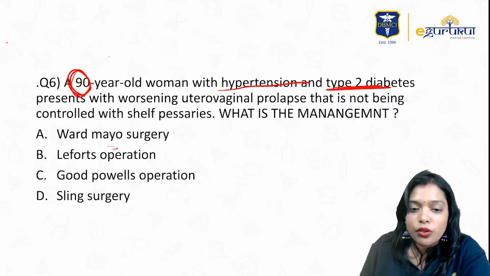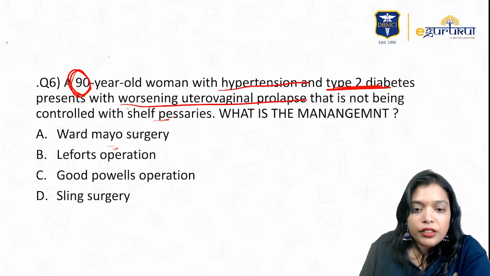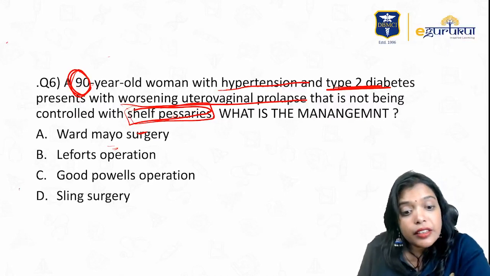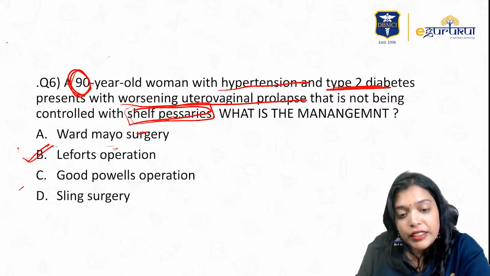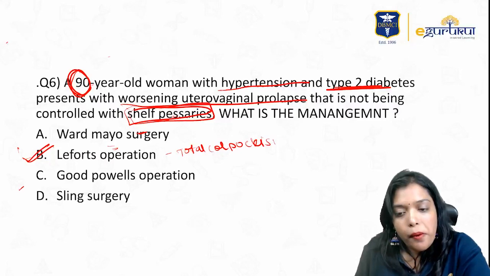So as she has worsening uterovaginal prolapse and this is not being controlled with the shelf pessaries, what is the management which you will do? It is Le Fort's colpocleisis, right? So that is total colpocleisis.